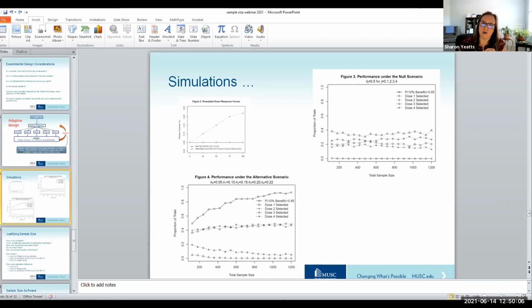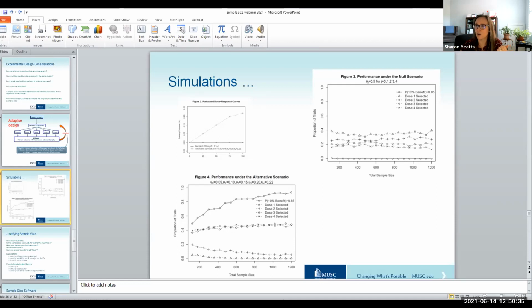So we have this null that says 5% of folks are going to be normal at 24 hours versus this alternative hypothesis where we think that the normalization proportion would increase until the second to last dose at 75, and then would start to plateau at that point. And so what we did then is we had to simulate what would happen under these various scenarios.